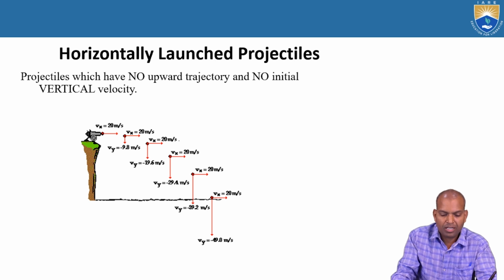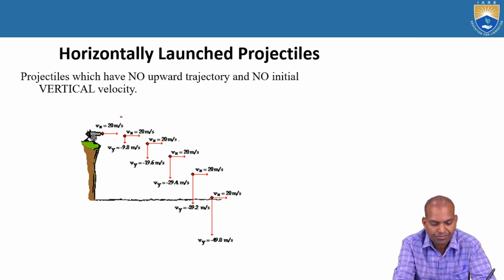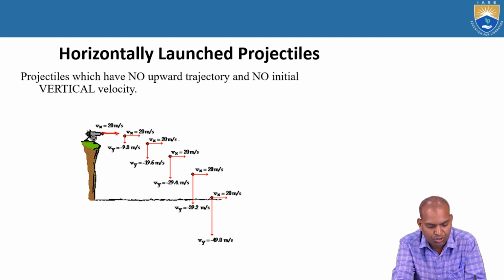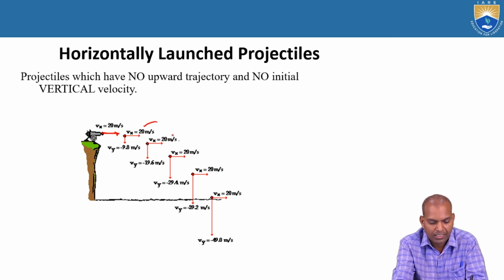Now coming to horizontally launched projectiles. These are projectiles which have no upward trajectory and no initial vertical velocity. The horizontal velocity is 20 meters per second. As it travels with time, Vx stays 20 meters per second throughout.